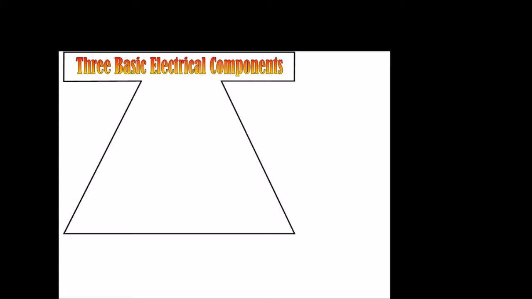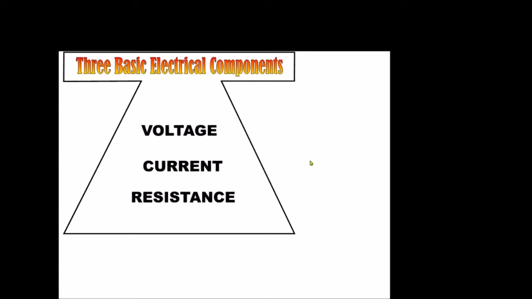So let's take a look at our 3 basic electrical components. For a complete circuit, basically, we need voltage, of course. Our voltage is considered our electrical pressure. Our current is basically what's going to do the work. The current is basically the flow of those electrons through our circuitry. And we do have to have some form of resistance just to maintain control of the flow of those electrons.